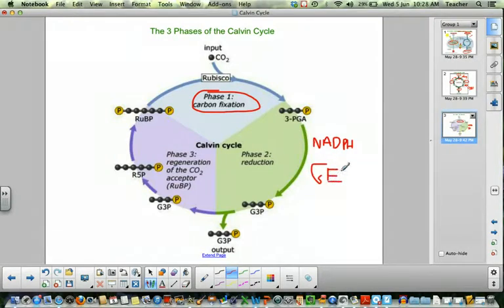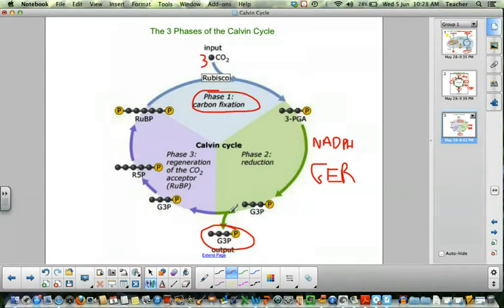So the molecules in this phase are being reduced because the NADPHs are donating electrons. At the end of the reduction phase, we have an output from the cycle of 1 G3P. And that makes sense because we started with 3 CO2 molecules.